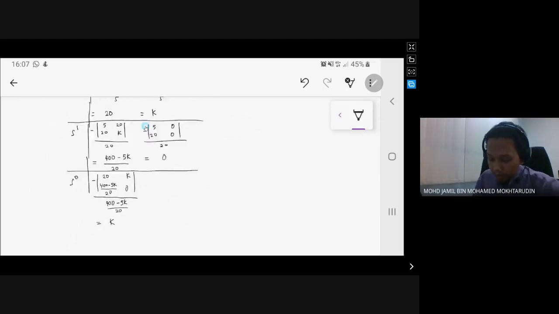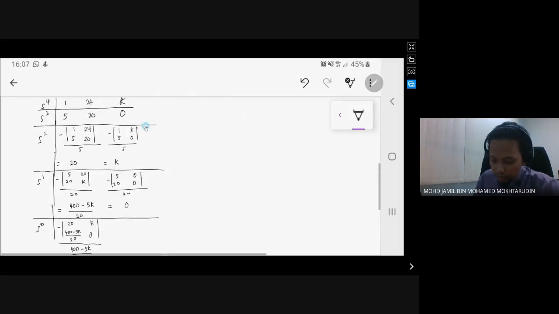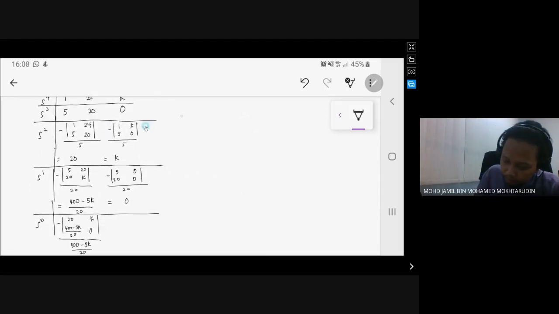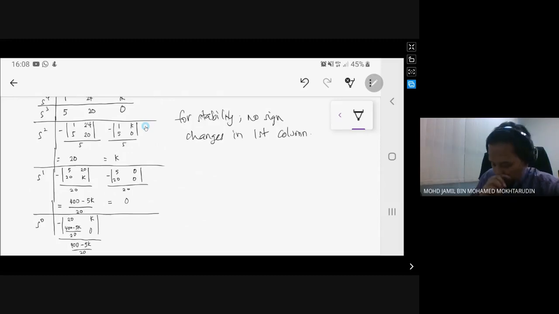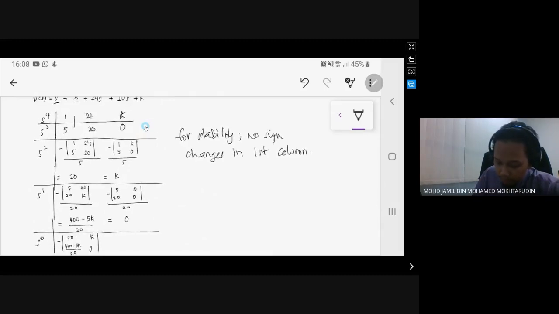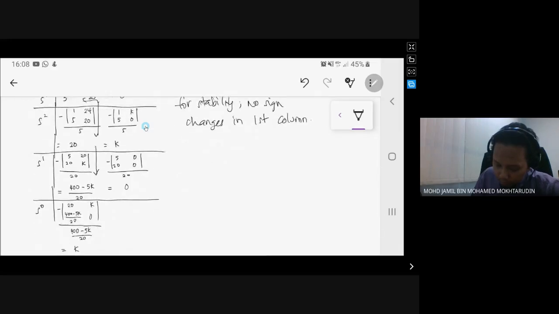Okay. So then you need to look for the first column for stability. No sign changes in first column. So here, positive, these two, and these two are positive again, and these two must be positive.